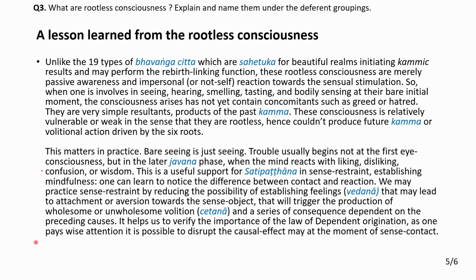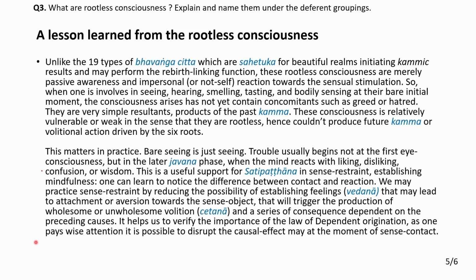That's my view, I'm not sure, so I'll correct it. I think Bhavanga should be neutral, unless you want to say that the Sahetuka one goes to the beautiful realm. But put like this, it's quite generalized and a bit confusing. Maybe Brother Cole can give a better opinion.